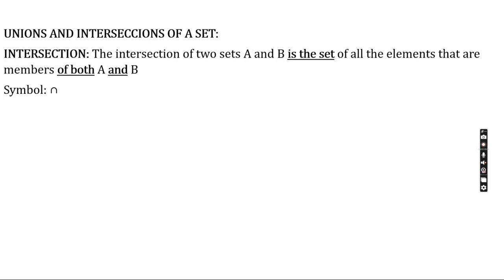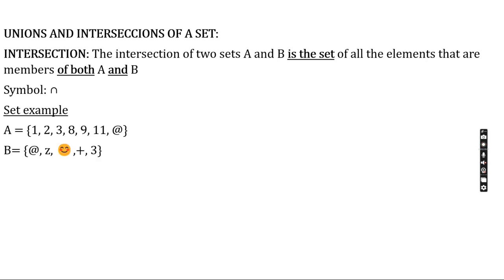The intersection of both sets A and B is also a new set, with all the elements that are in both A and B. You have this symbol, and again you have these example sets, and you have to see which elements are repeated.